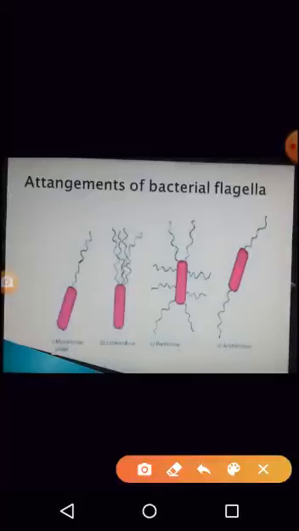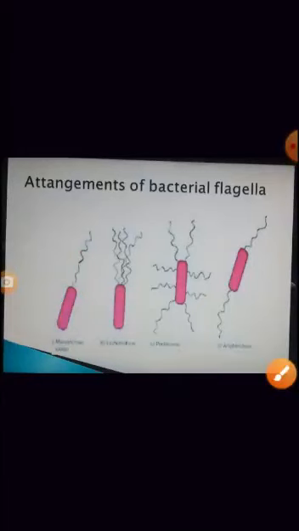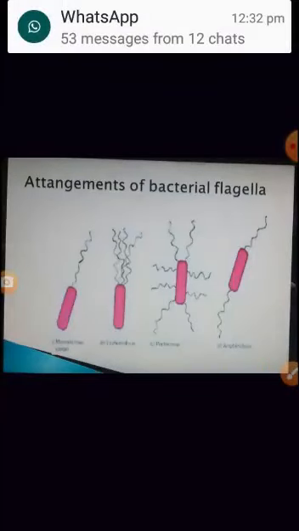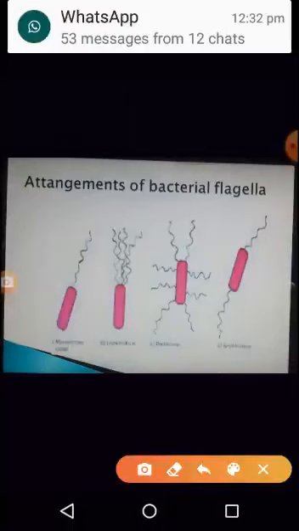Example, Klebsiella pneumoniae. If there is a bacteria with only one flagella at one end, then it is called monotrichous, because mono means one.